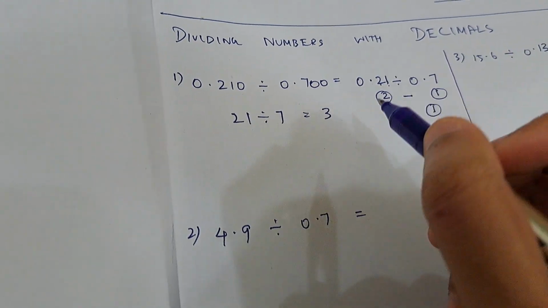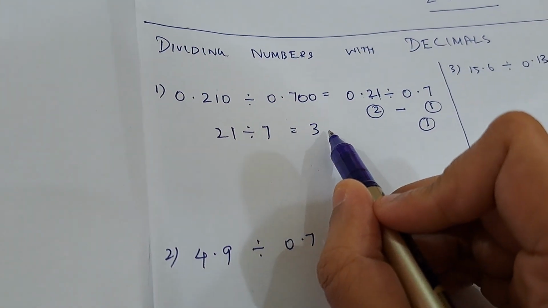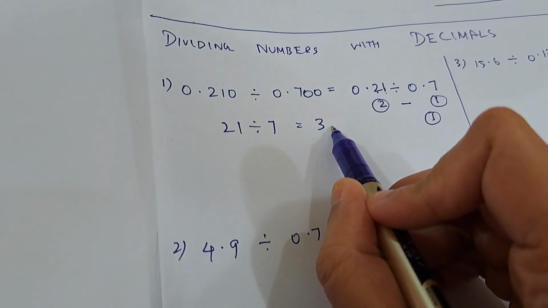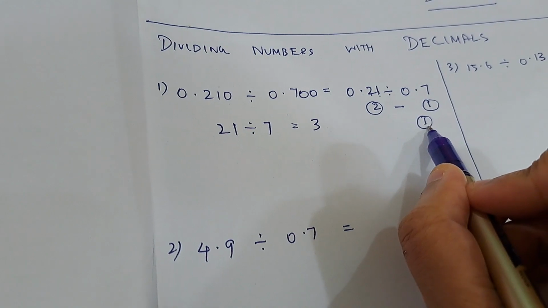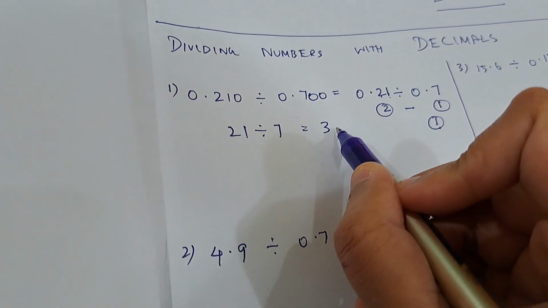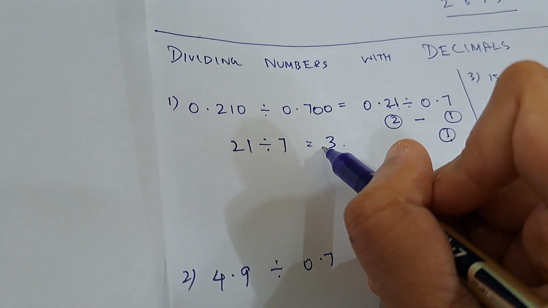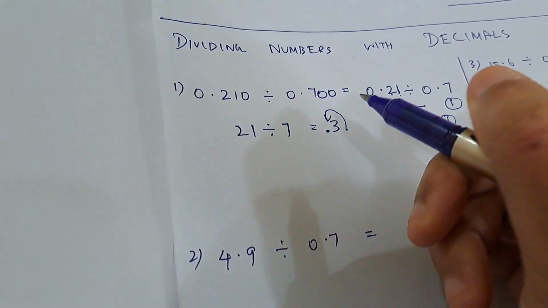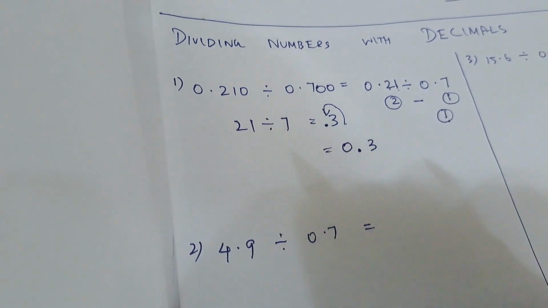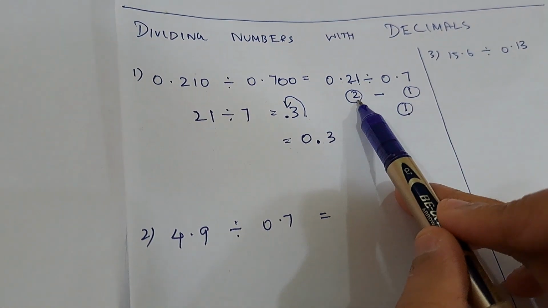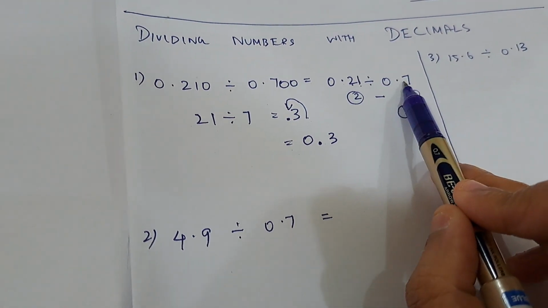So, your decimal point by default will be here. We have to move one place to the left, here like this. So, this will be your answer, 0.3. Subtract the number of decimal digits.